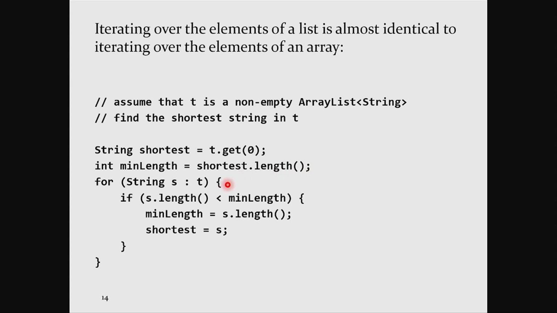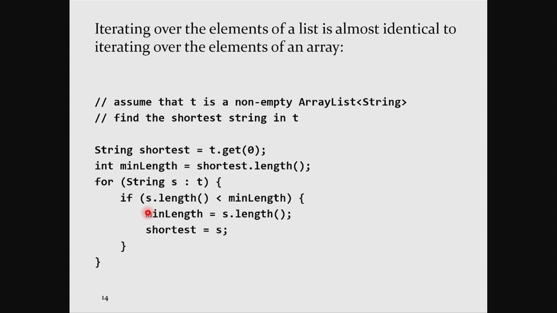And now I can use Java's for each loop to loop over the elements of t. The way to read this is: for each string s in t. Now inside the loop body, I can use s as a reference to the string that I'm currently visiting in the list.